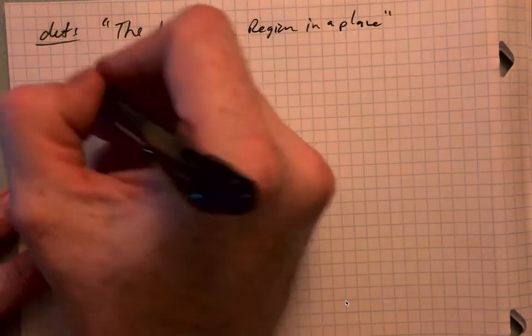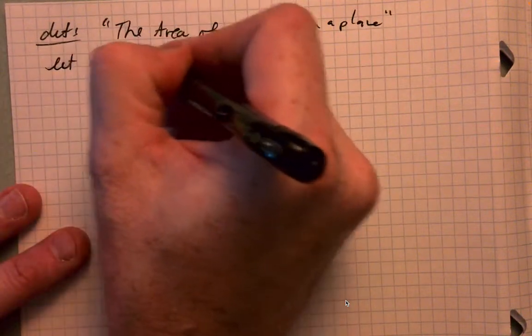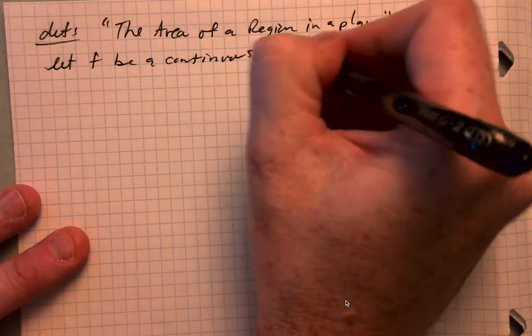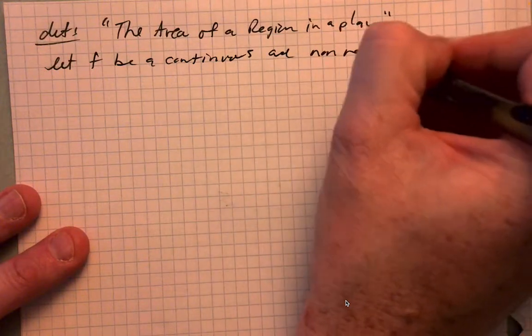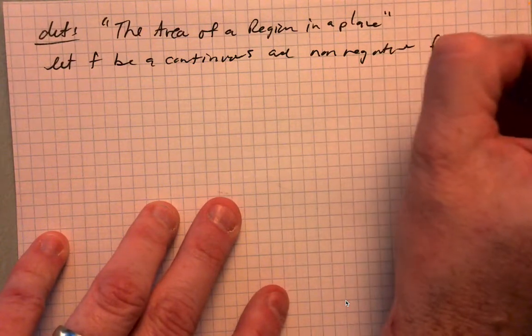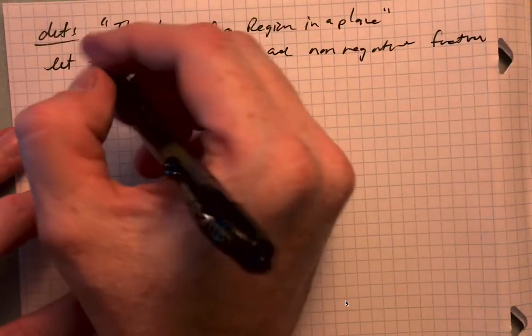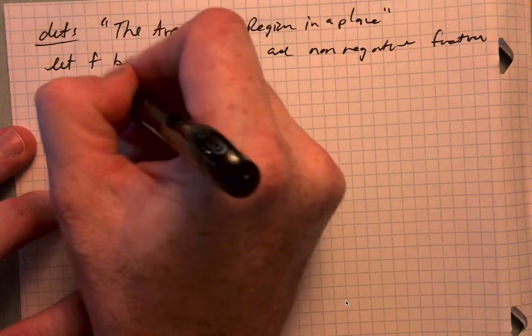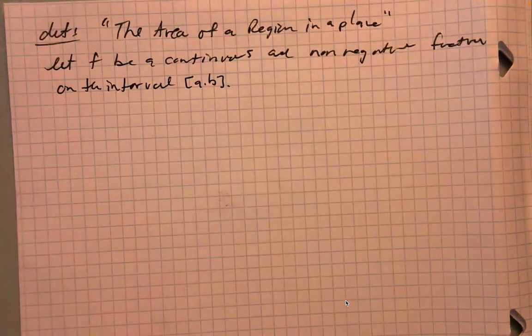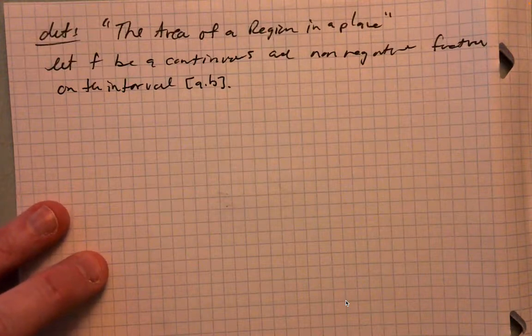We'll let f be a continuous and non-negative function on the interval AB.